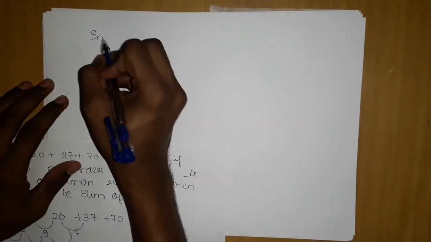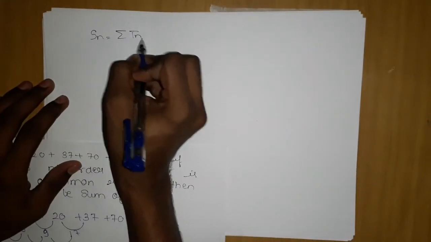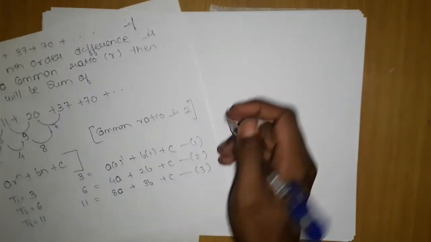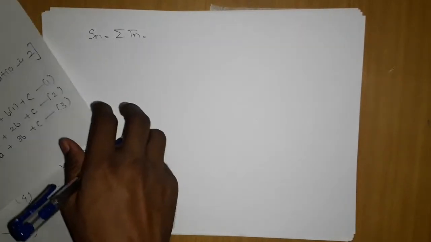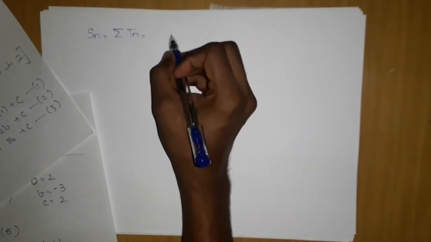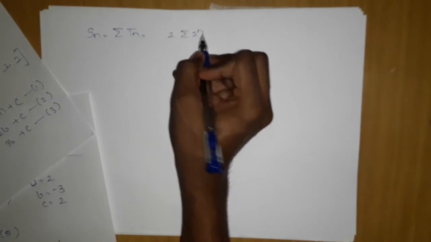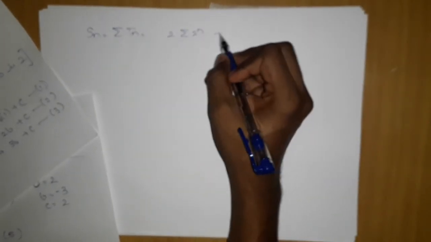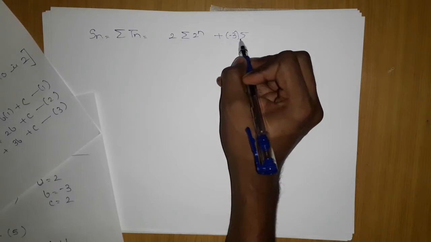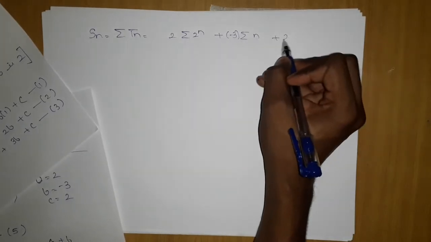Now let's apply Sn equals summation Tn, which is nothing but 2 into summation 2 power n, plus minus 3 into summation n, plus 2 into summation 1.